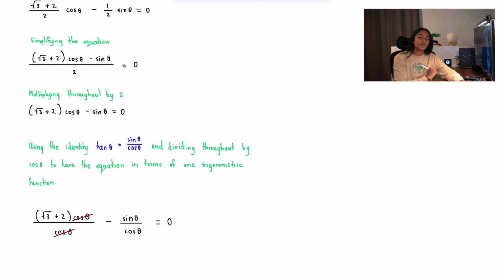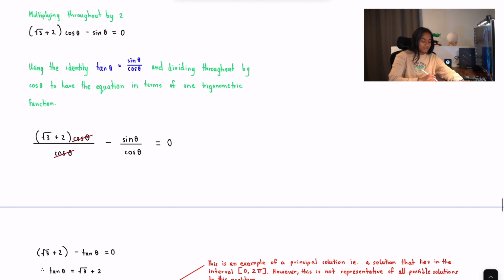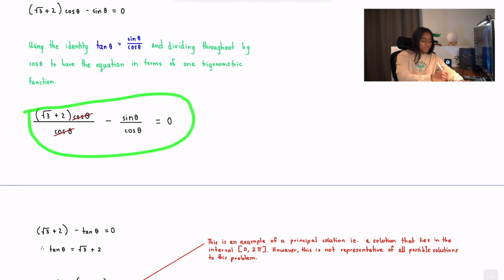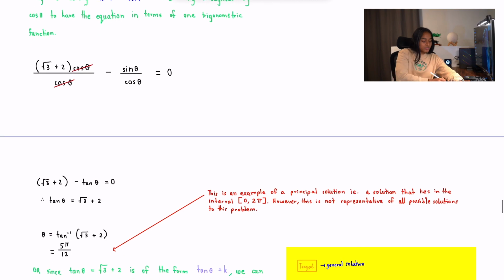And now what we need to remember is what relates these two trig functions is a third one. Tan theta is equal to sine theta over cos theta. Remember that from the beginning. So we use this identity and divide throughout by cos theta as such, like here. We do it there, and we can cross out the cos, and we get minus sine theta over cos theta.